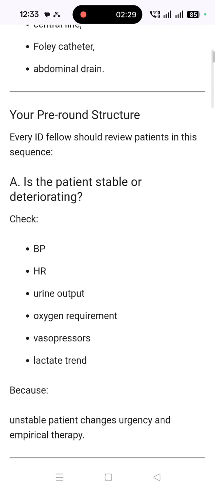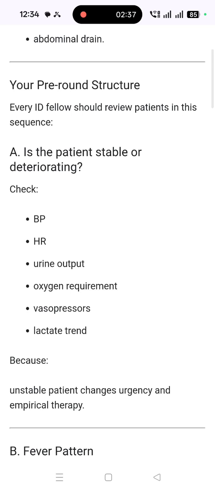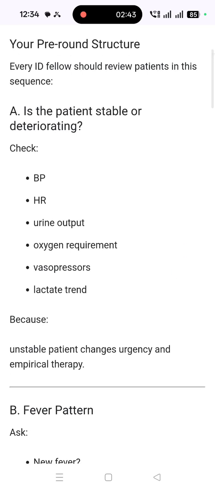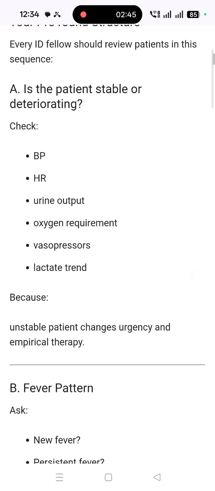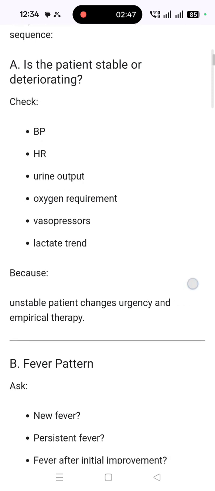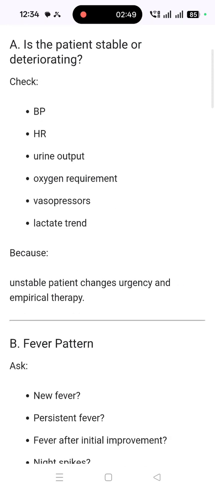Now your pre-round structure. Every ID fellow should review the patient in this sequence. First, is the patient stable or deteriorating? How can we check that? You should go for BP, heart rate, urine output, oxygen requirement, vasopressors, lactate trend.